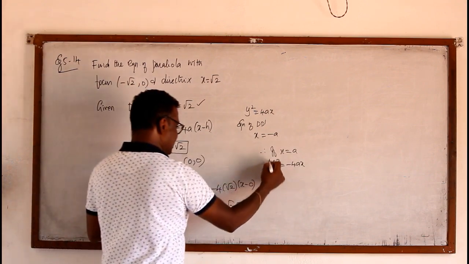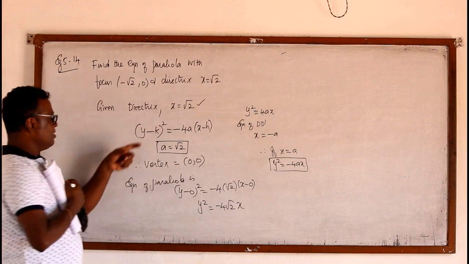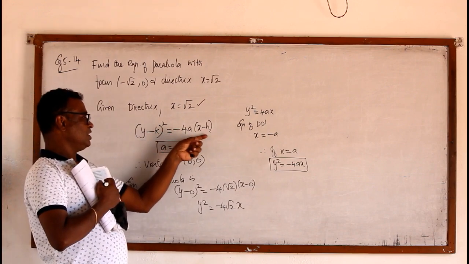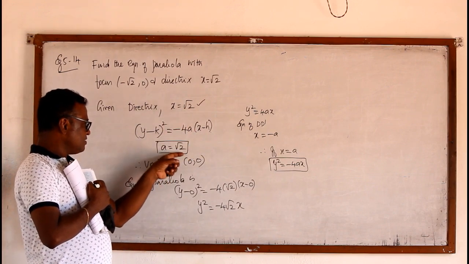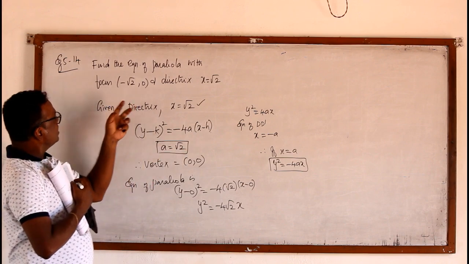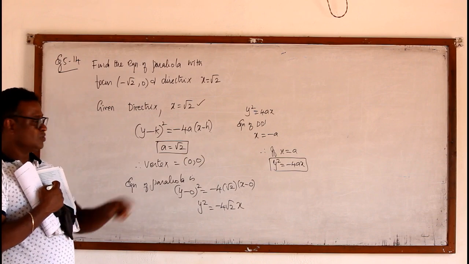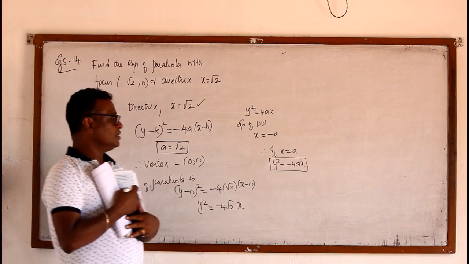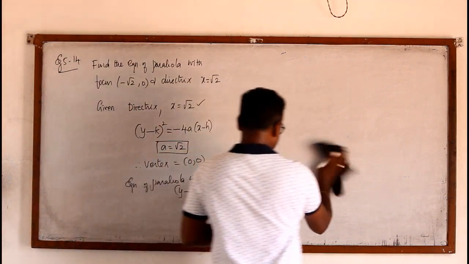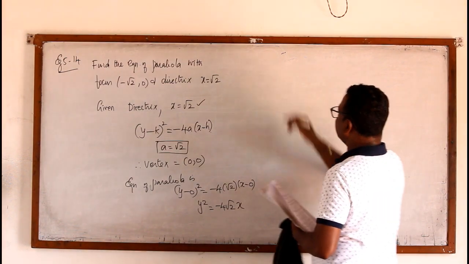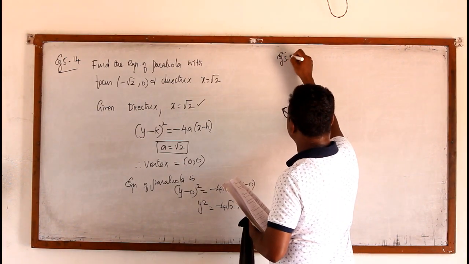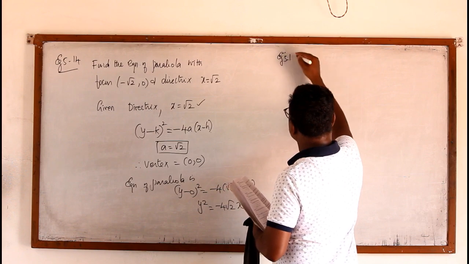But don't try to write it as y minus a the whole square equal to minus 4 into x minus a. Here a takes the value root 2, and there is nothing about the vertex, therefore the vertex is 0, 0. So we can substitute h as 0 and k as 0. So this is our first problem, first example. Similarly, the second example, example 5.15.